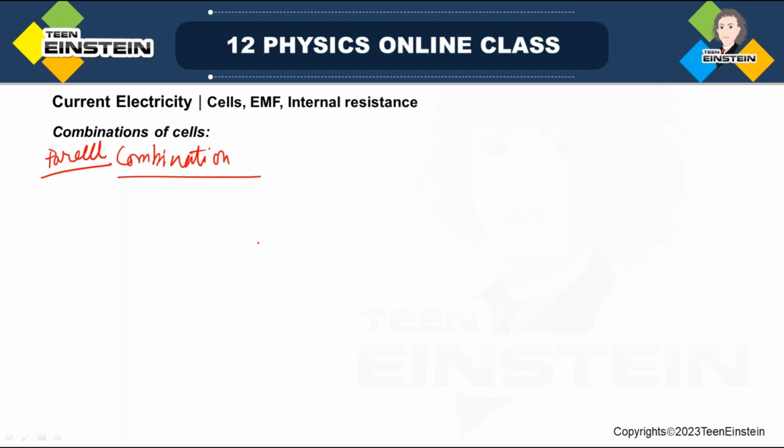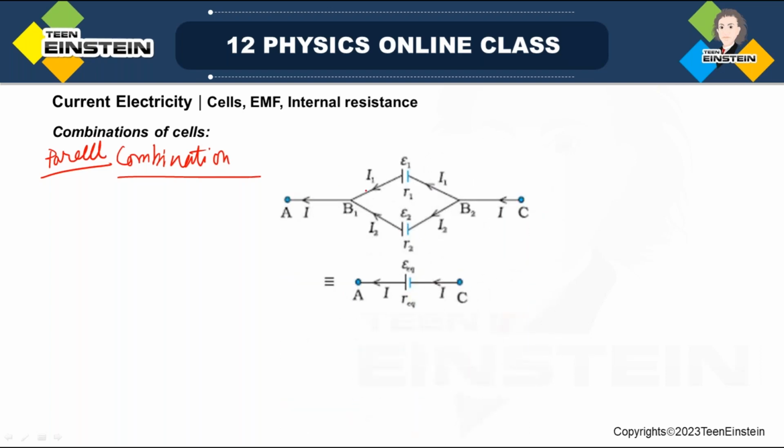So in this case also, let us see there are two cells E1 and E2, their respective electromotive forces, and R1, R2 are their respective internal resistances.